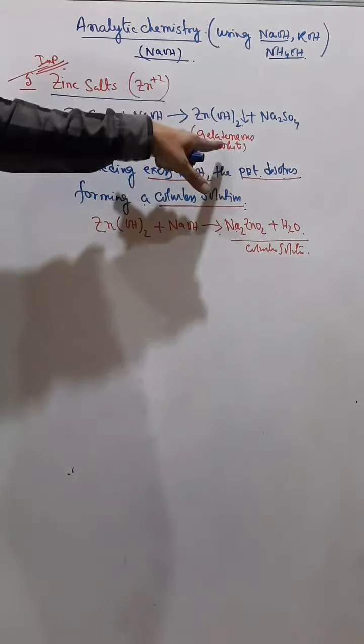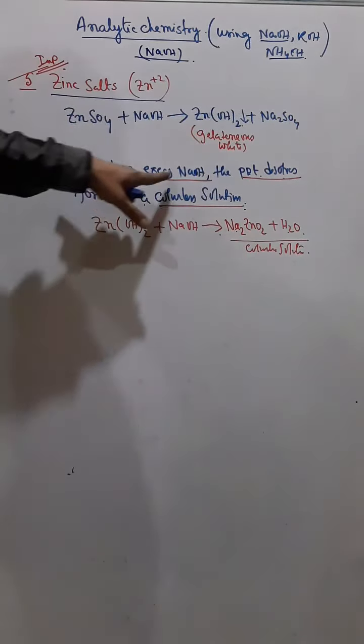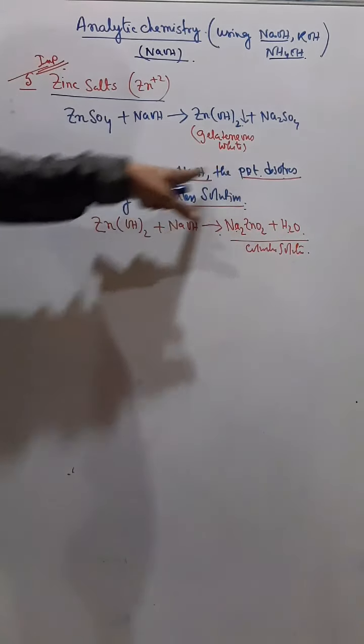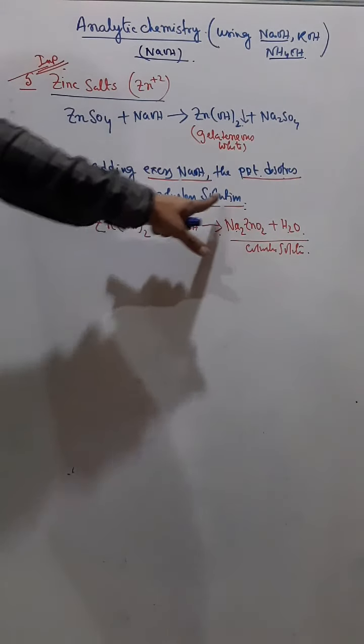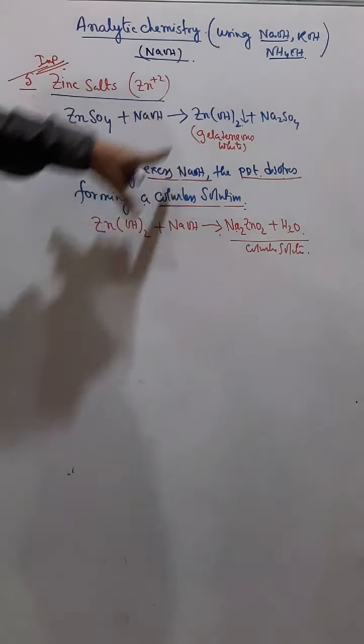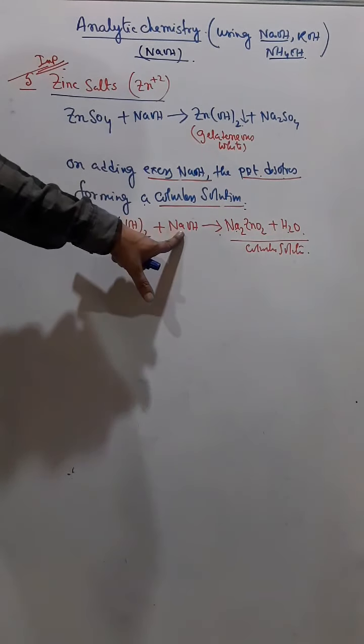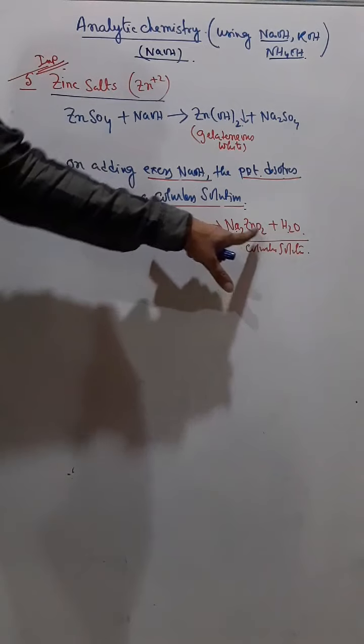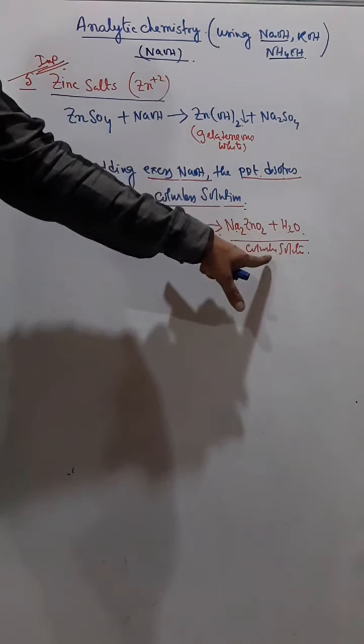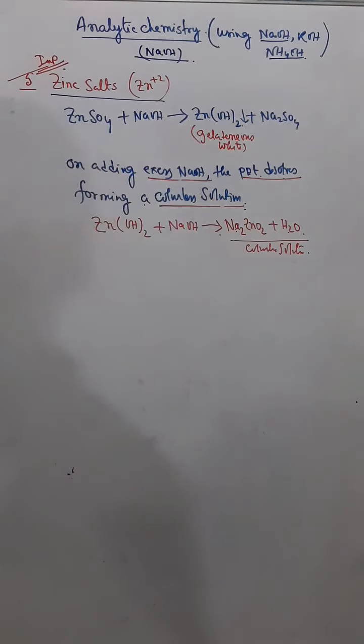But in all these cases, the gelatinous white precipitate that is formed, on adding excess NaOH, the gelatinous white precipitate will dissolve, forming a colorless solution. Why is that? This is the precipitate, zinc hydroxide, reacting with NaOH, and we are getting sodium zincate, Na2ZnO2 plus H2O, and this is a colorless solution. So it's a very important reaction.